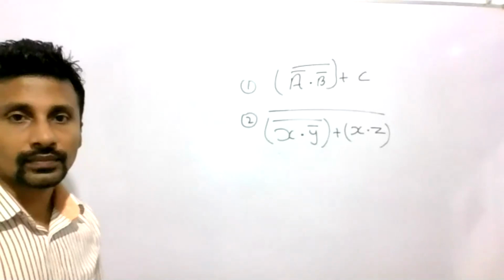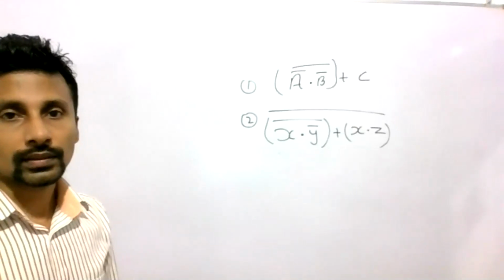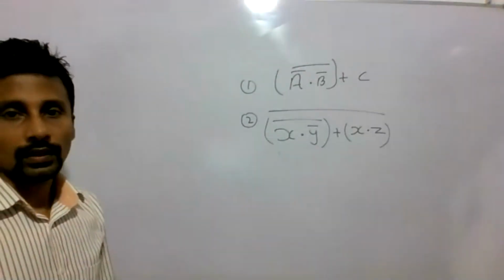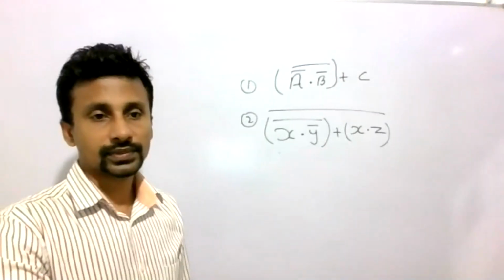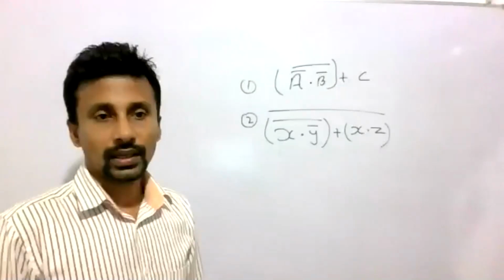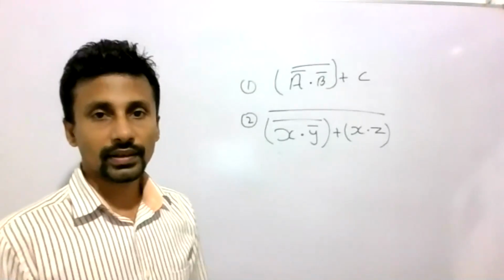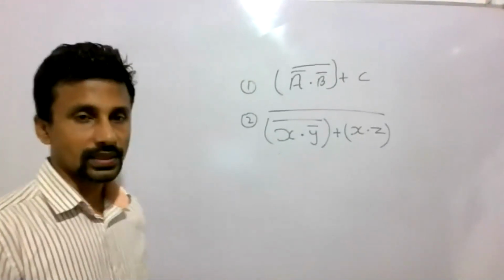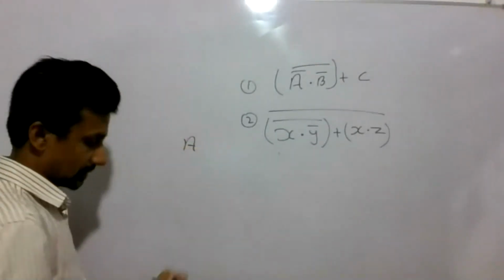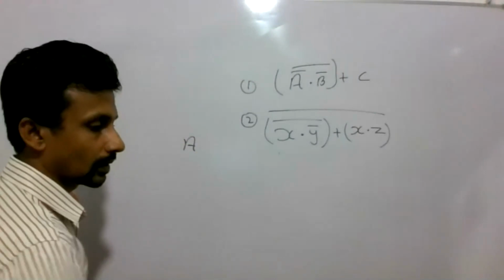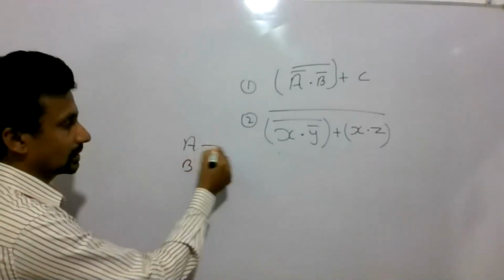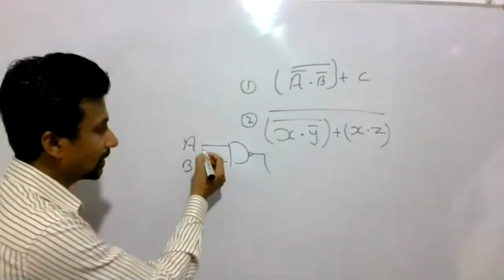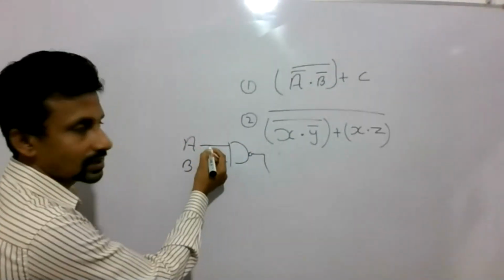Okay. Yes. One student is asking a question. I'll explain that. He's asking, if you have AB like this, and you have a gate like this, whether we can take the AB from this one.